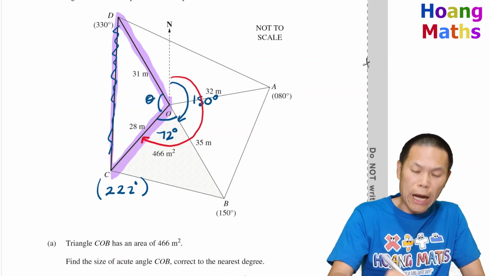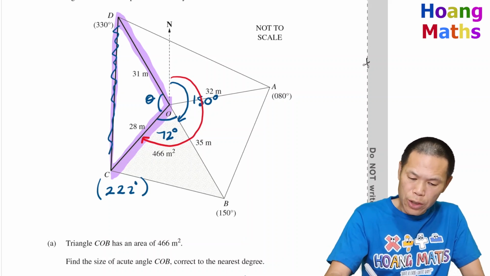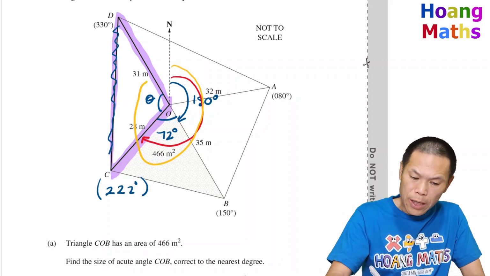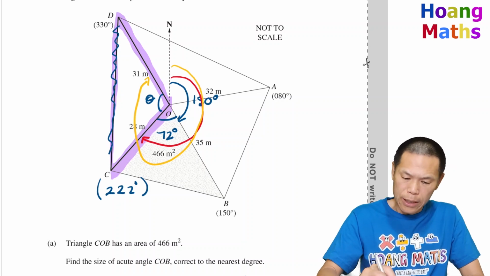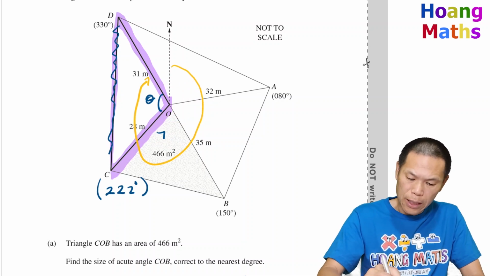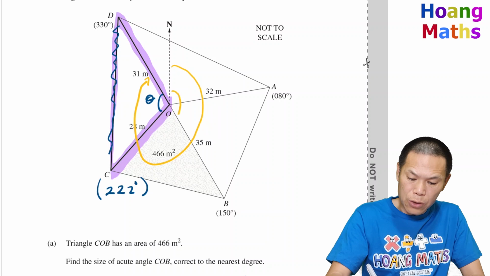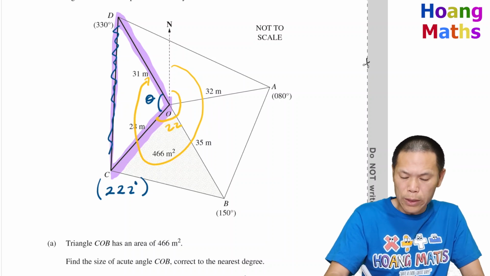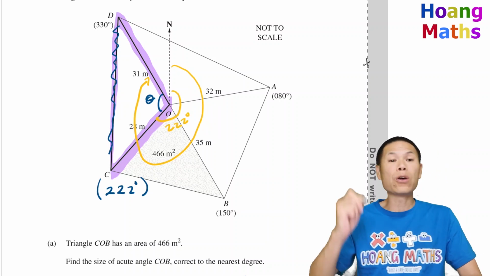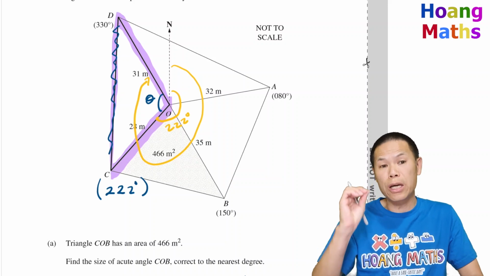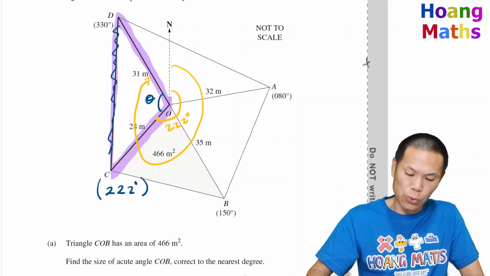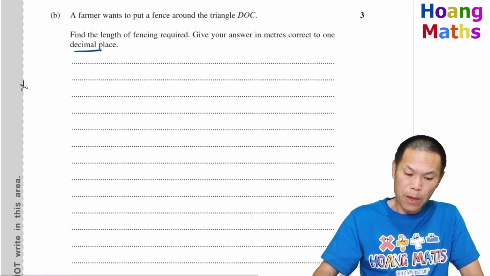So to work out the angle theta, we know that from here to here is 330. Let me just clear this first. And then from here to here is 222. So therefore, the angle theta will equal 330 minus 222. Let me just write this down.